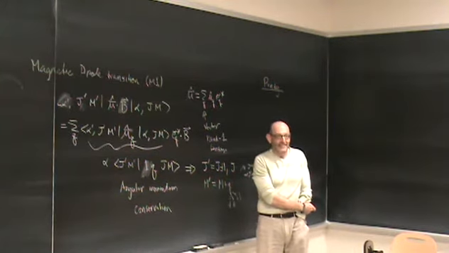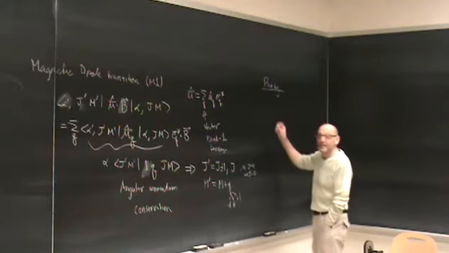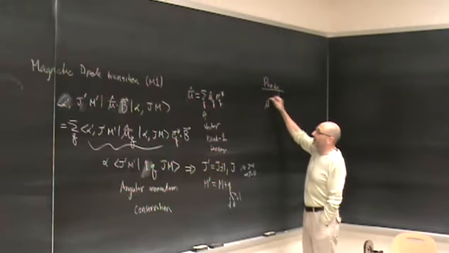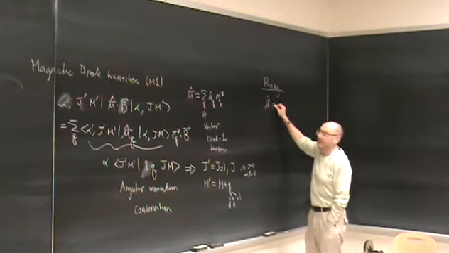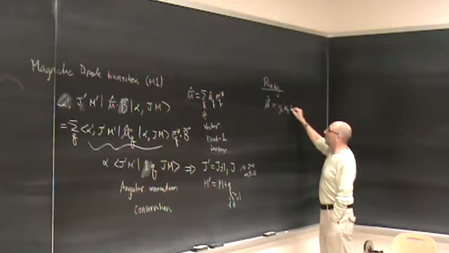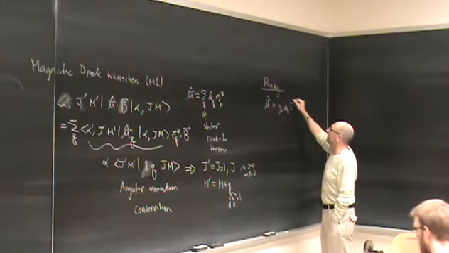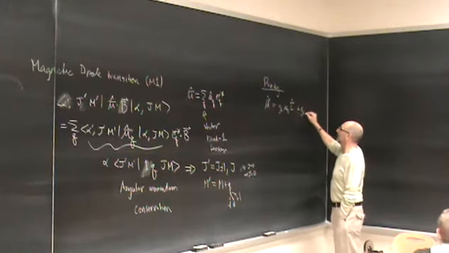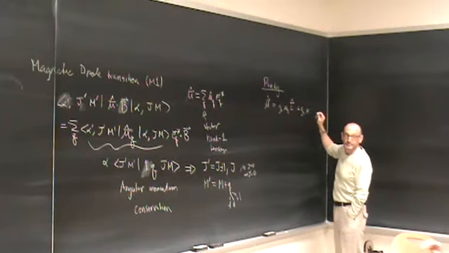It's an even operator under parity. How do we see that? Well, the magnetic dipole, say for the electron, can have two components. It can come from the orbital, or it can come from the spin.